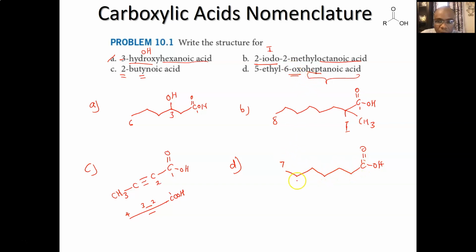The carbonyl is on the 6th carbon. That's what the oxo means. It happens to be a ketone. Oxo is used for ketones and aldehyde carbonyls whenever they show up in presence of the carboxyl group. Okay, so we are moving from carbon 1 to carbon 7, and then you have an ethyl on carbon 5. So that is my ethyl there, and that should take care of it.